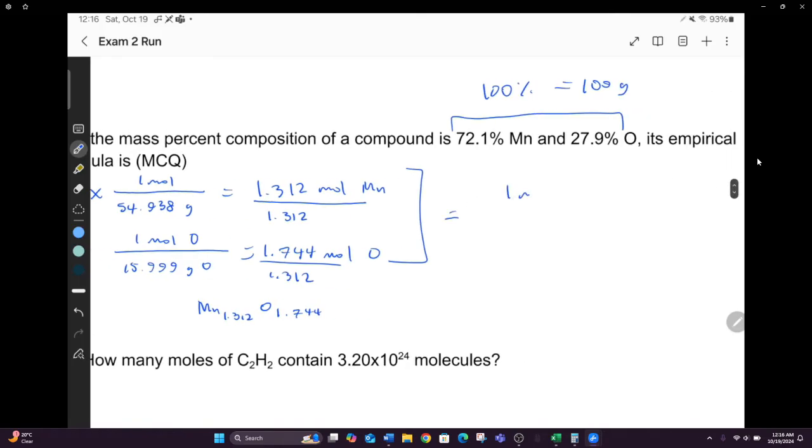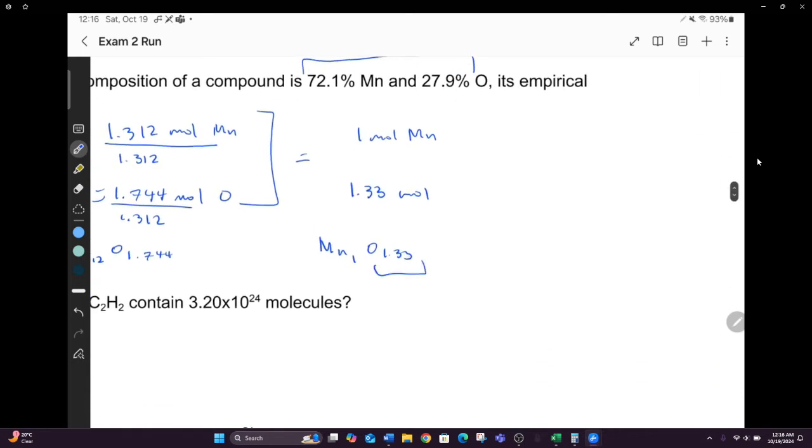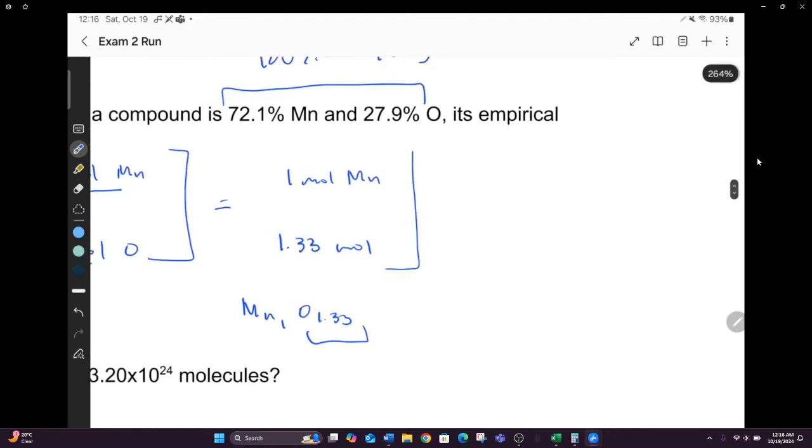Doing that, you get 1 mole of Mn and 1.33 moles of oxygen. So now your formula looks like Mn 1 O 1.33. However, that 1.33 still looks kind of ugly, so I would keep multiplying. Multiply both by 2, so you'd have 2 Mn, 2.66 moles of oxygen. Still not pretty. You multiply by 3, and you'll get 3 moles of Mn.